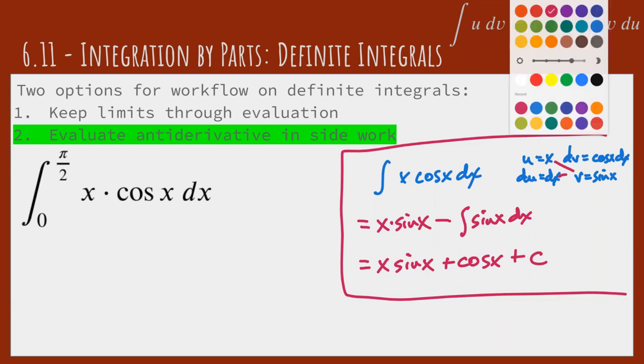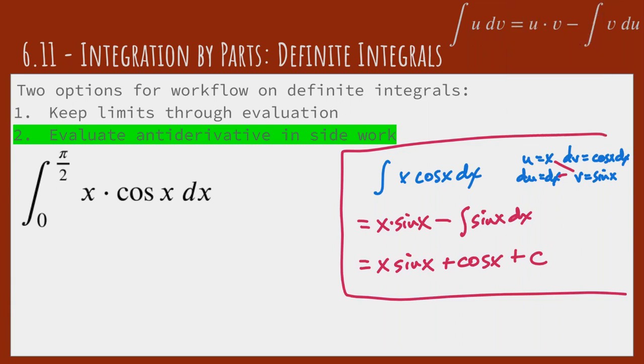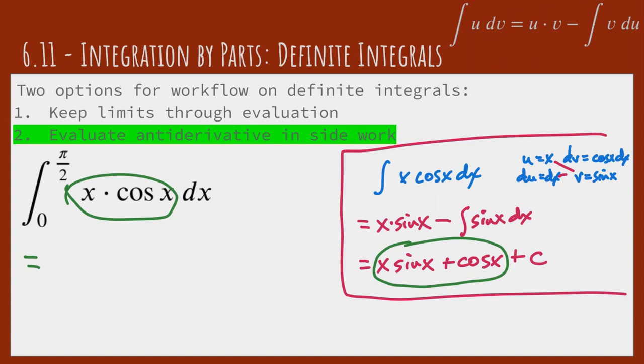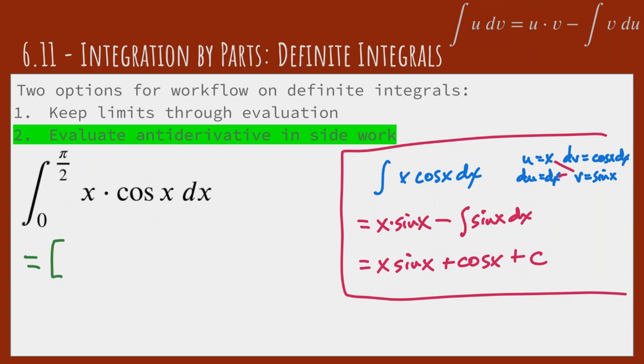But then when I go over to evaluate my definite integral, remember I can use any antiderivative of this expression, and this right here is an antiderivative if c is 0. So I can rewrite this as x sine of x plus cosine of x evaluated from 0 to pi over 2.